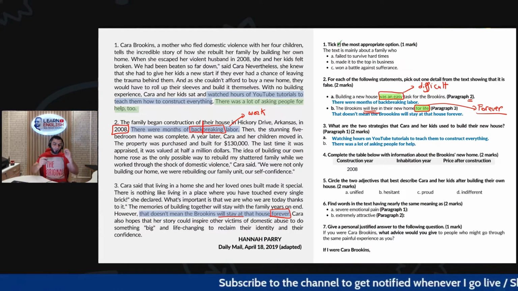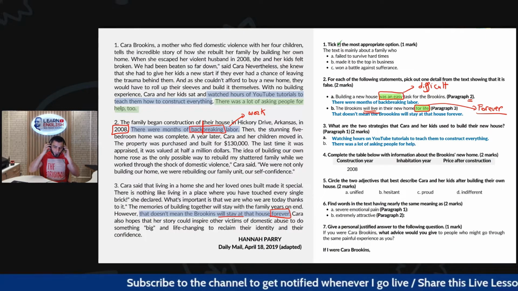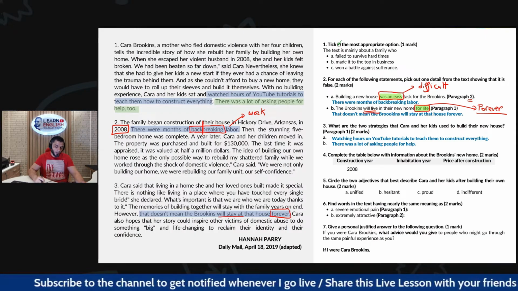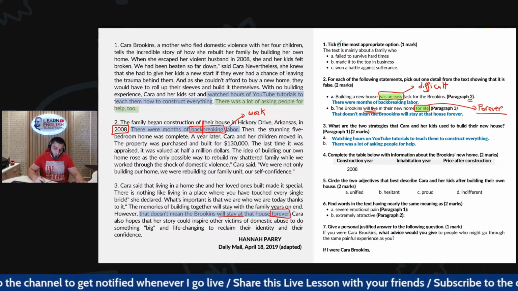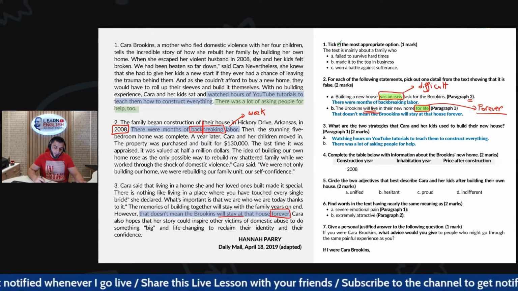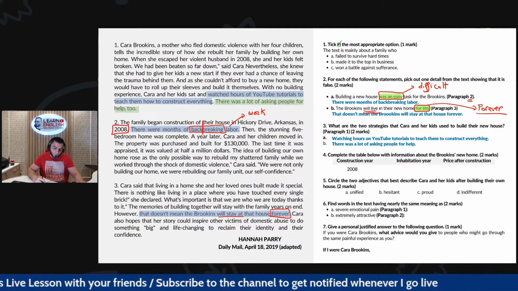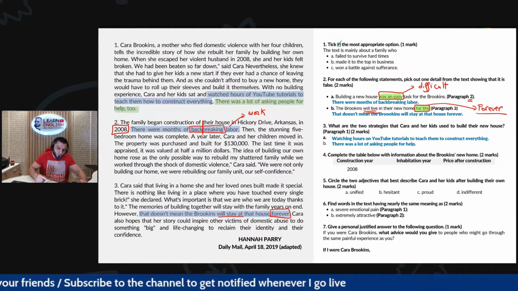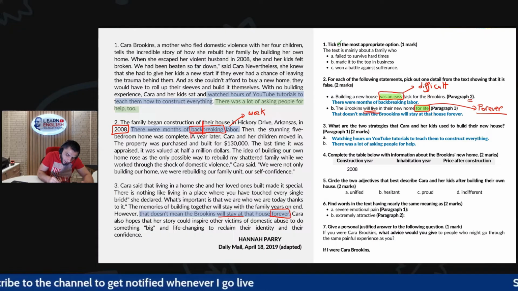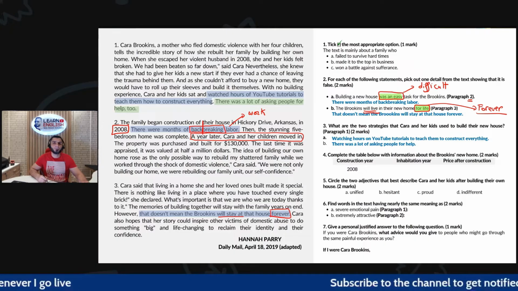So here, the year in which they lived in the house. Then the stunning 5-bedroom was complete. A year later, Kara and her children moved in. A year later. So what is the year?